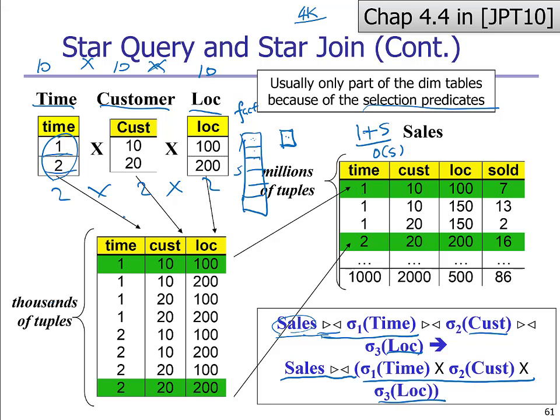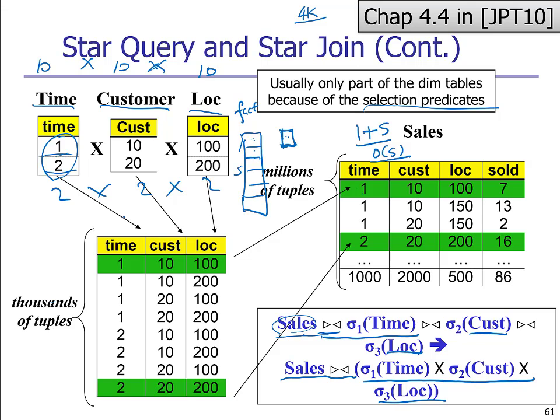Okay, it's all because we assume that the join between two tables, one table has S blocks or S pages, but the other one can fit into one page or constant pages. So this is for one join, right?